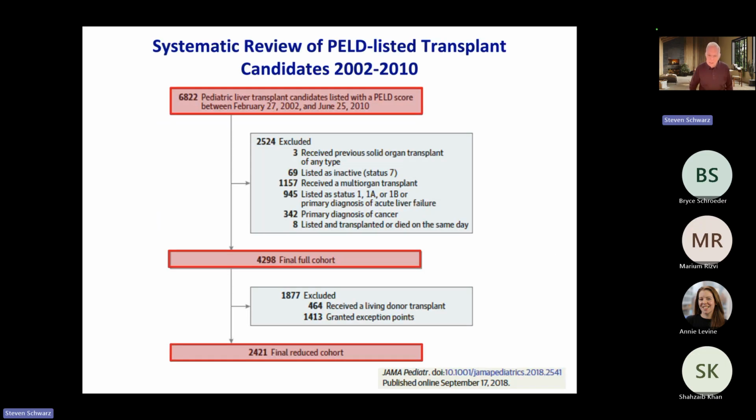This systematic review looked at initially over 6,800 transplant candidates between 2002 and 2010. The final cohort, after all these exclusions, was about 4,300, and the final reduced cohort that could be used for a systematic review was 2,400. So let's look at that.